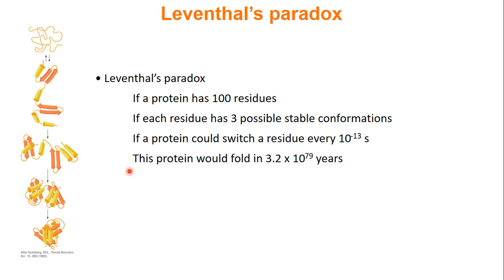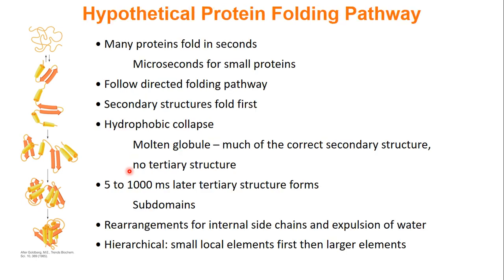Now, we are living organisms, and the average lifespan of a human is 80 years, so our proteins must fold quite a bit faster than this. In actuality, many proteins fold in seconds, if not milliseconds, for small proteins. And they do this by following a directed folding pathway.